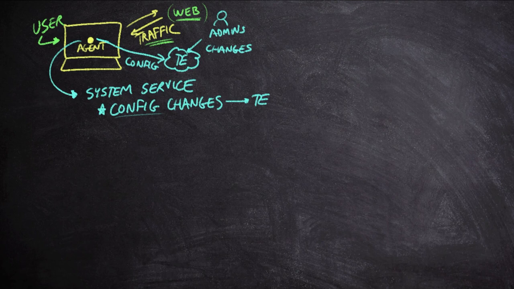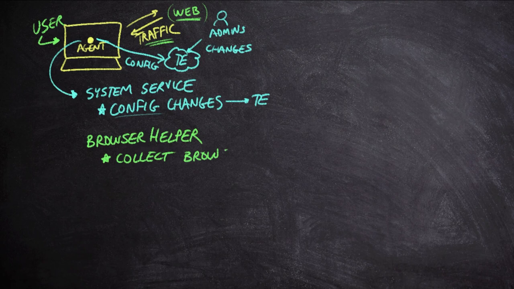So the second component that we have here is a component known as browser helper. Browser helper is the part of the agent that is going to allow us to collect browser data. Now, it's not going to do it alone.